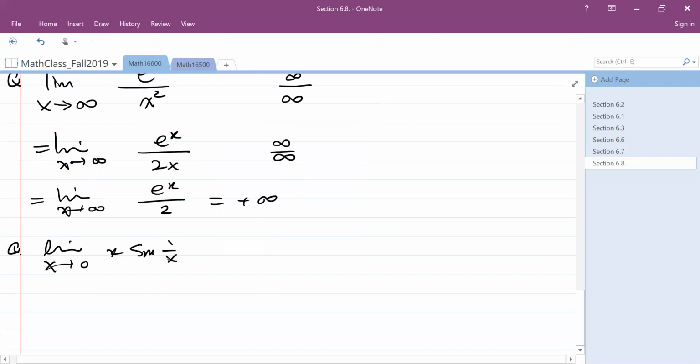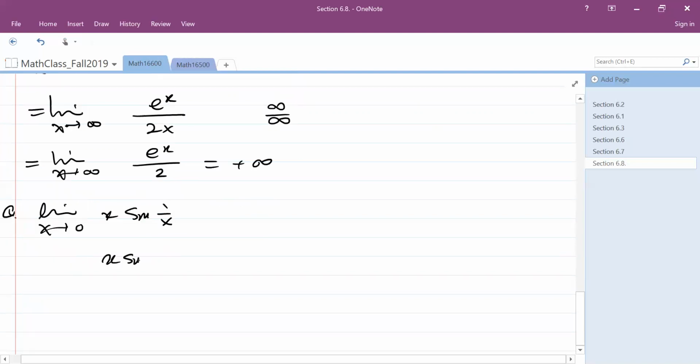We already know the limit is going to be 0. You remember that? Why is the limit going to be 0? Use the squeeze theorem. The absolute value of x sine 1 over x is the absolute value of x times the absolute value of sine 1 over x, which is less than or equal to the absolute value of x, since sine is at most 1. I can ignore sine, and this approaches 0 as x approaches 0, clear.